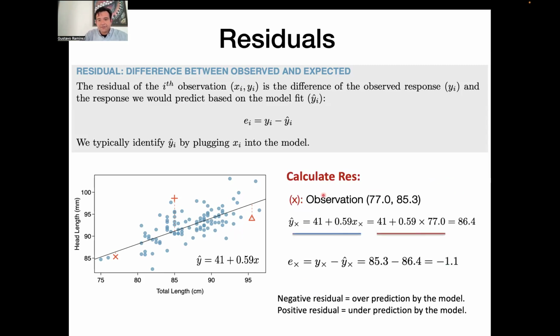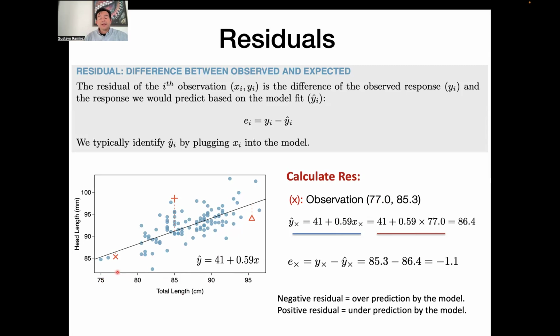It's pretty straightforward stuff. So let's say that our observation is 77.0 and 85.3 for whatever it is that we're measuring here. I think we're back to the bush-tailed possum. So X for our observation again is 77.0. We have an animal that's 77.0 centimeters in length, somewhere here.